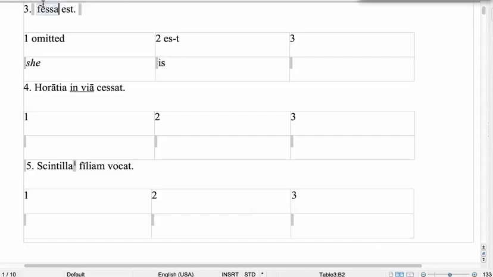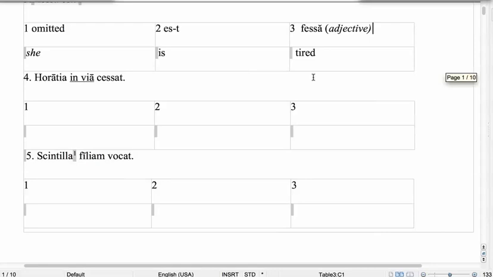And with a verb like is, you don't have a direct object, but you have a second nominative, like fessa, also ends in short a. Fessa, tired, which is typically an adjective, not a noun. So she is tired.